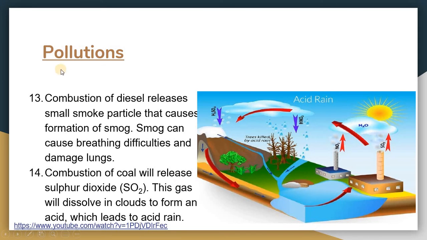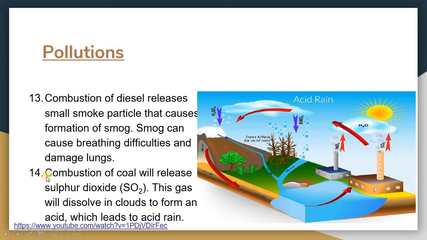And also, when we burn diesel, it will actually release small smoke particles that cause the formation of smog. So what is smog? Smog is actually some sort of unpleasant chemical fog. It will cause breathing difficulties and it will damage the lungs.